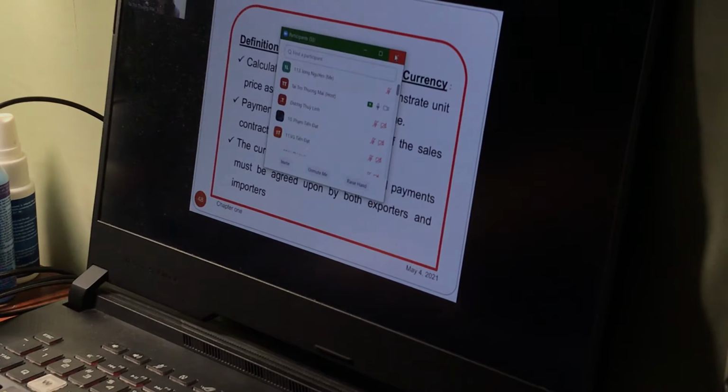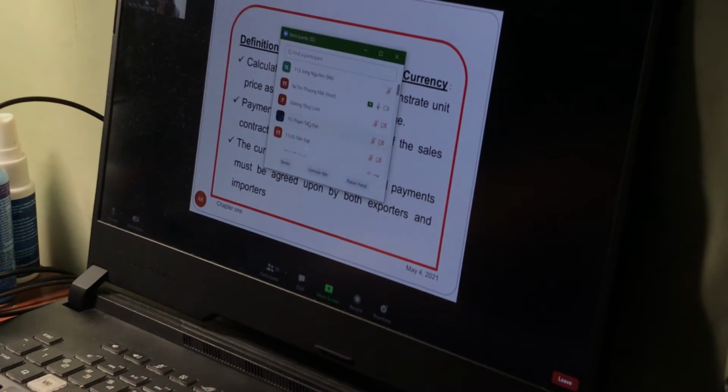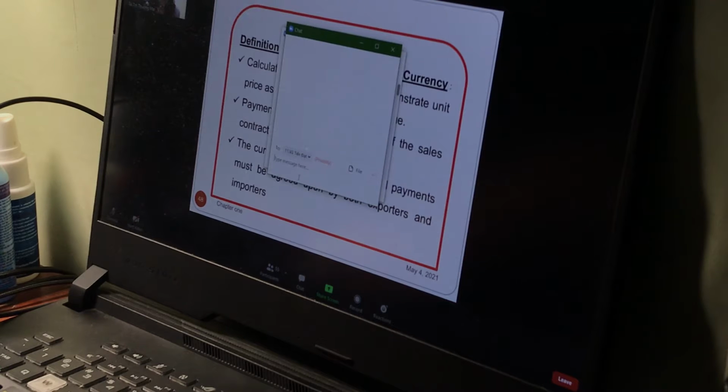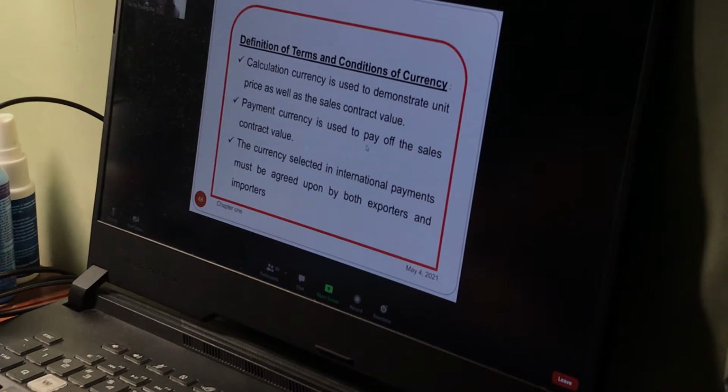What happened to parties if we use two different currencies? Imagine you are a seller or you are a buyer. Because when I said parties, it means more than one person, right?